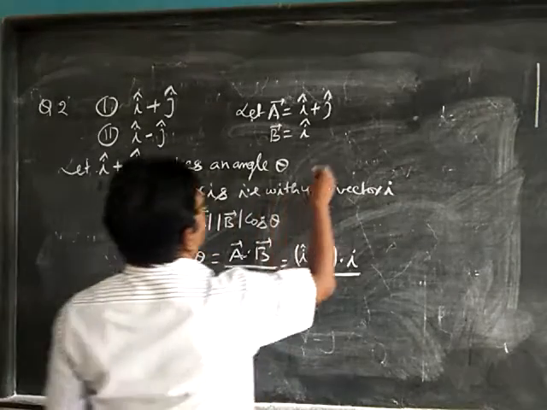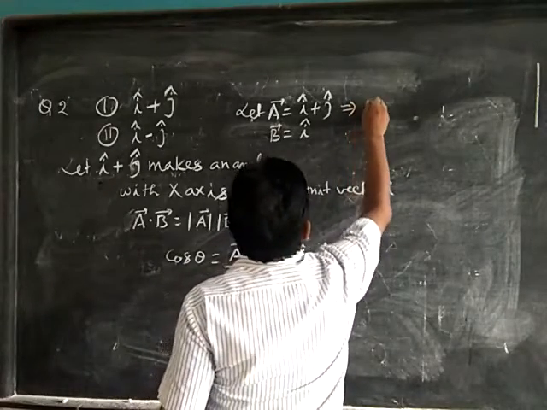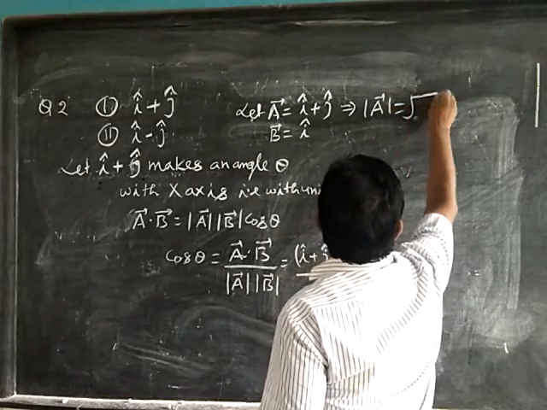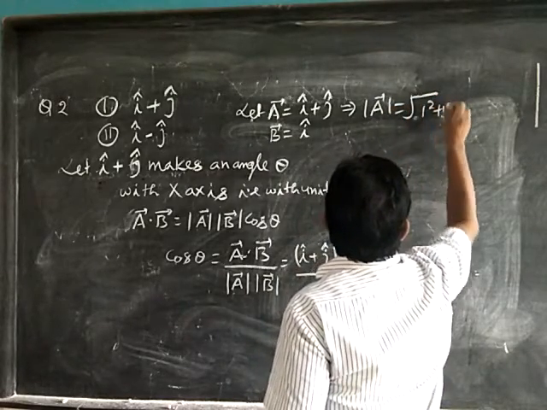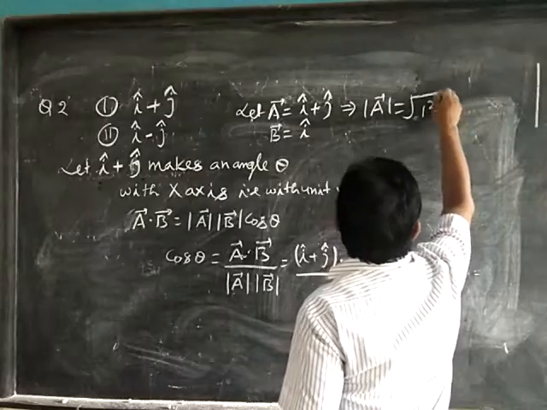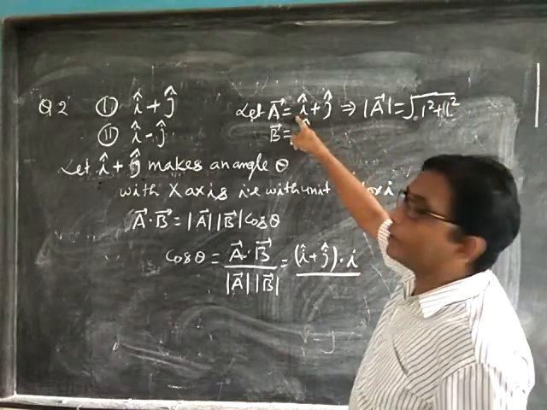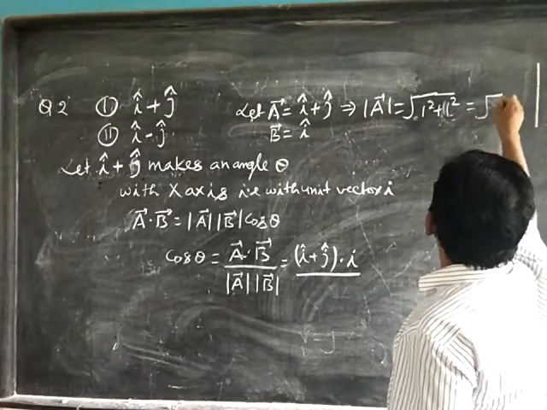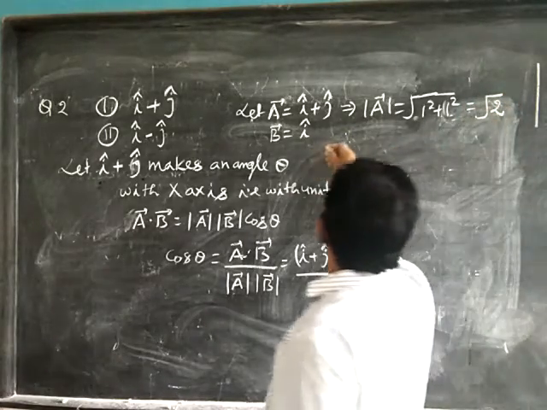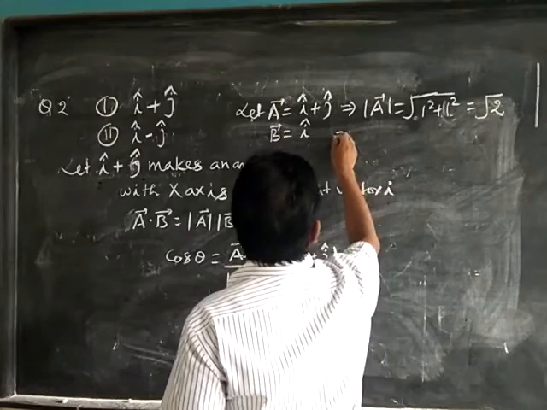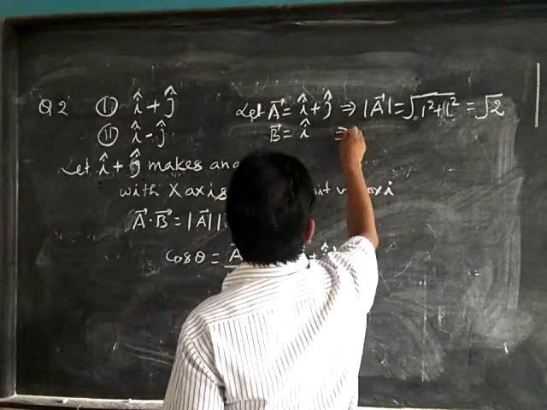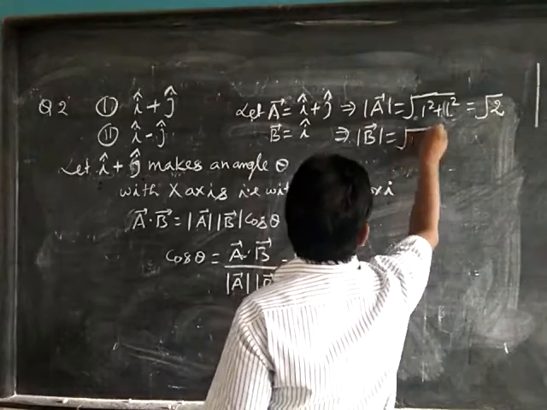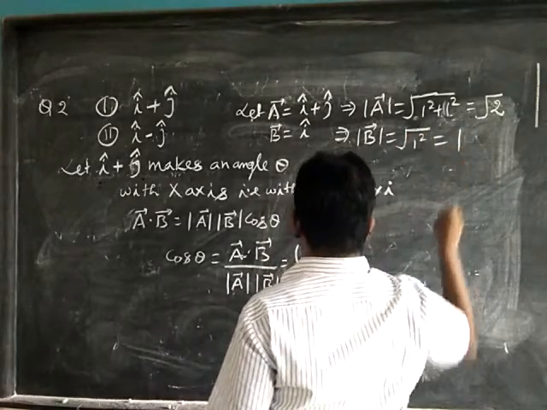Then mod A is equal to under root 1 squared plus 1 squared, since the coefficient of i is 1 and the coefficient of j is also 1, that is under root 2. Mod B is equal to under root 1 squared, that is 1.